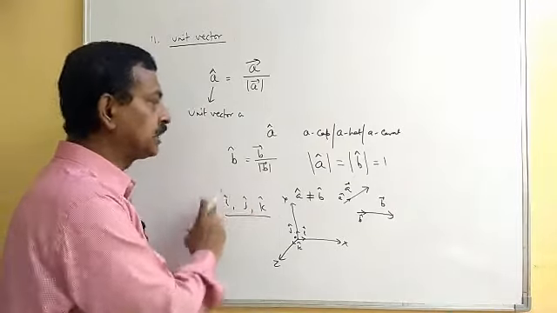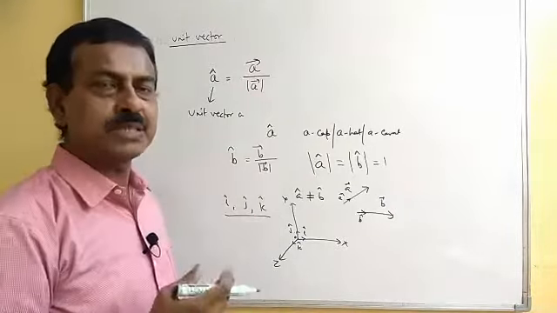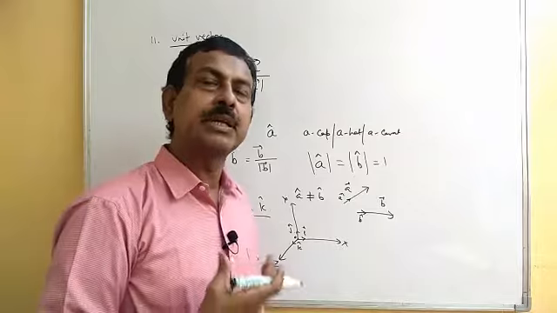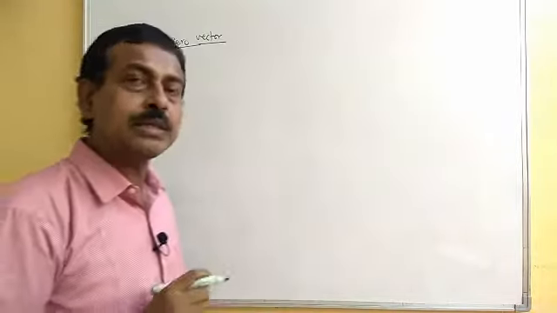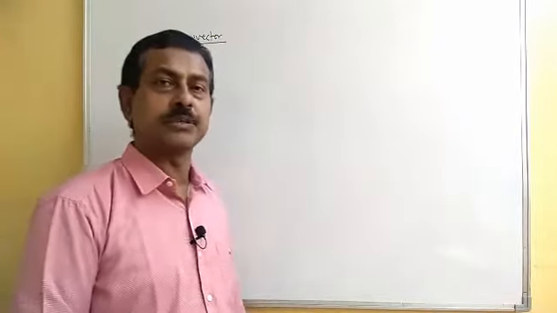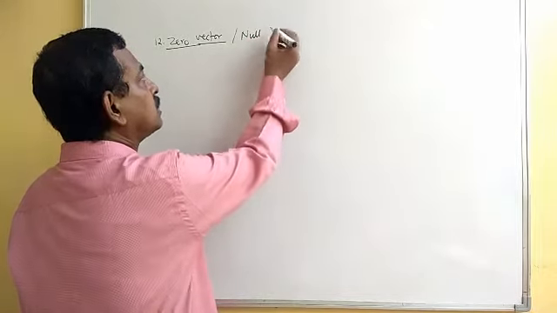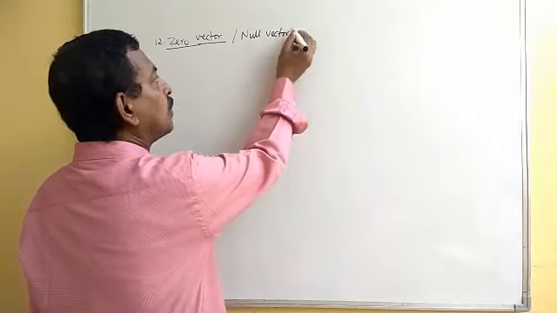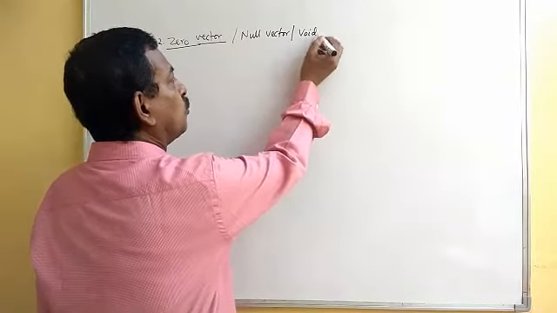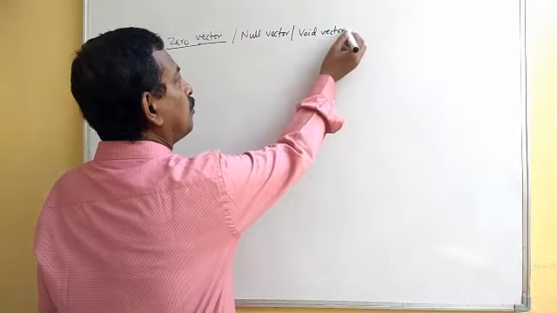These are the standard symbols we use in vectors, especially when you want to represent a vector in Cartesian form. Another term is the zero vector. This is the zero vector, also called the null vector, or also called the void vector.